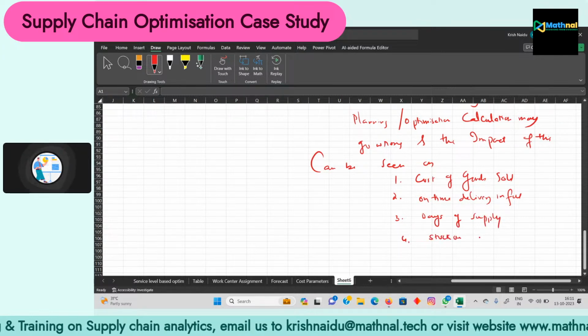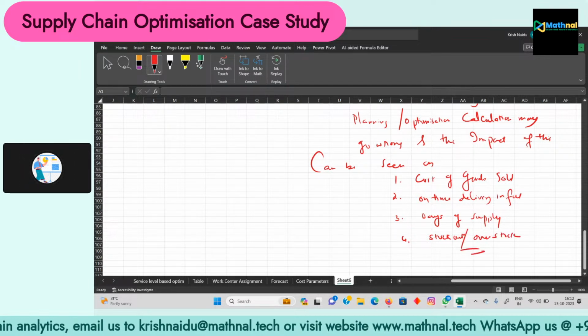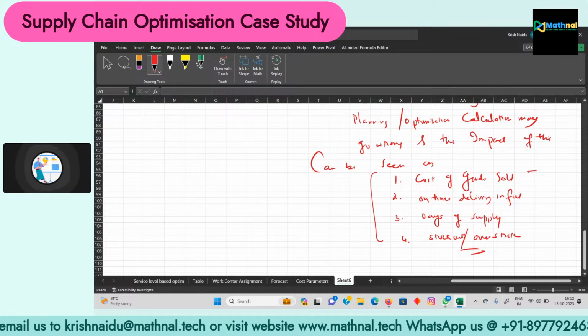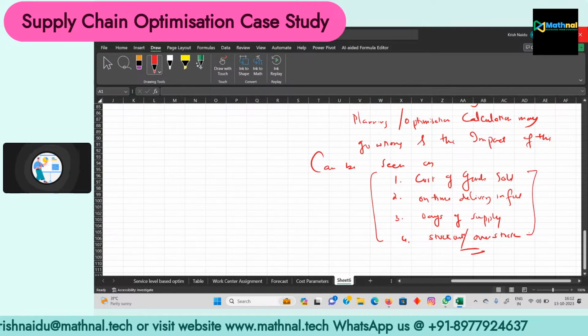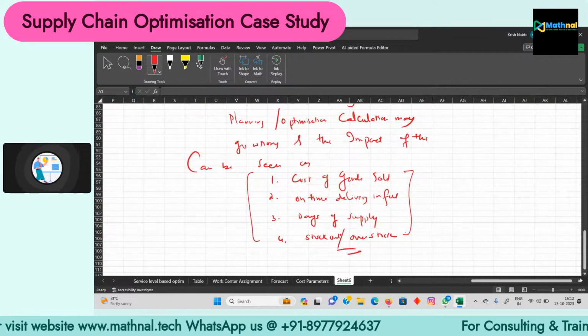Stock out, overstock. So it is going to impact a lot of KPIs, and all of them are revenue specific and profit specific.